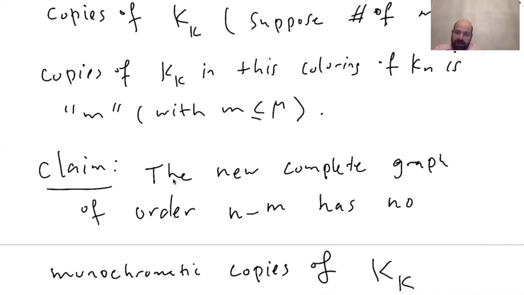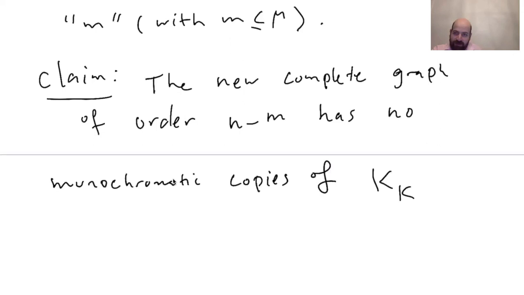Why? Because if it had a copy of Kk, then the original Kn would have at least m plus 1 copies of Kk, since those m copies that originally existed in Kn I ruined by deleting one vertex. They are no longer monochromatic copies of Kk. So if this new complete graph of order n minus m still has one monochromatic copy of Kk, the original Kn has to have m plus 1 copies, which is not possible.